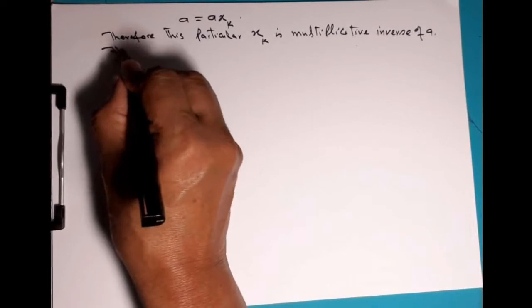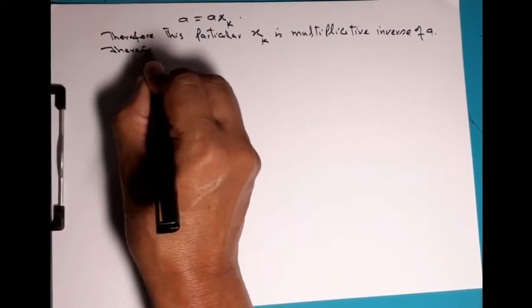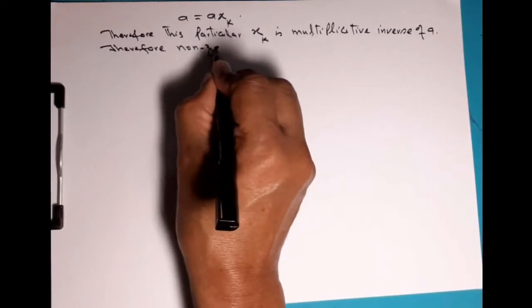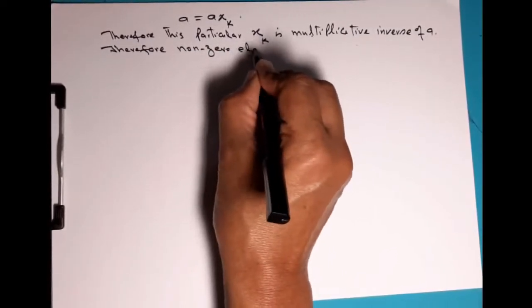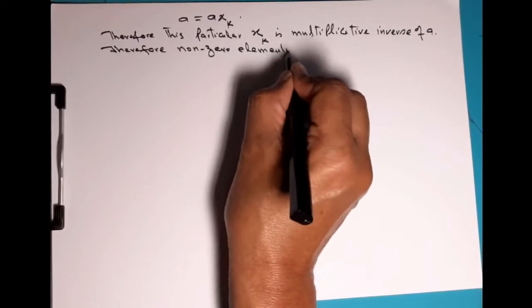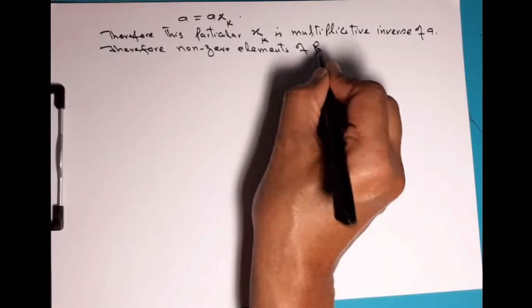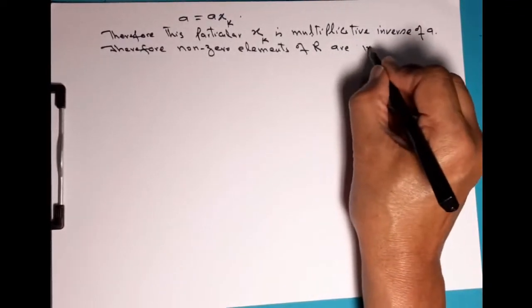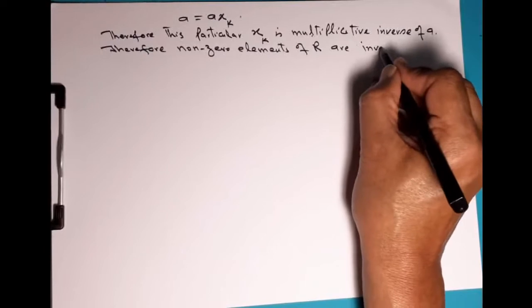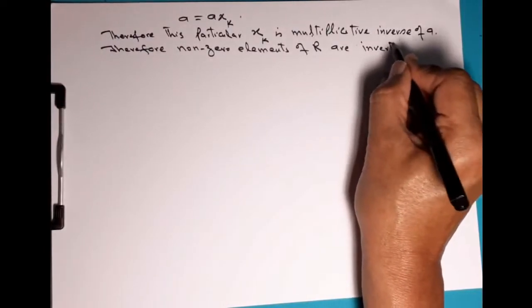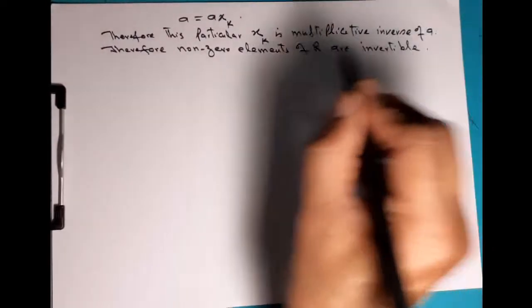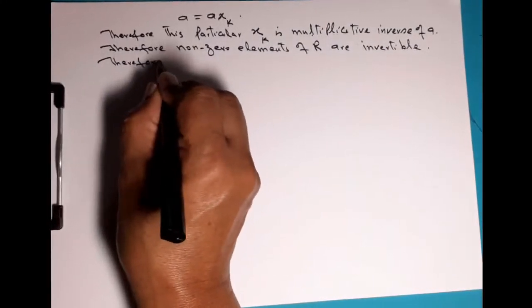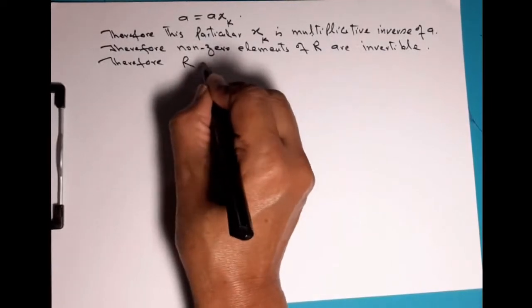Therefore, non-zero elements of R are invertible, multiplicatively in fact, and therefore R is a field.